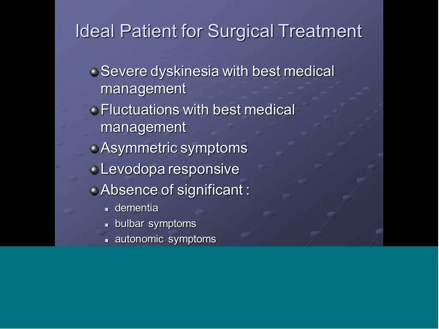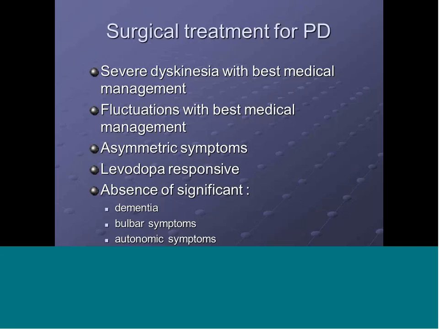And we expect to see more than 30% improvement in the UPDRS scale, which is the Unified Parkinson's Disease Rating Scale, before surgery is considered for those patients. We ideally would like to see that, and absence of significant dementia, bulbar symptoms, and autonomic symptoms, which are suggestive of atypical Parkinson's.